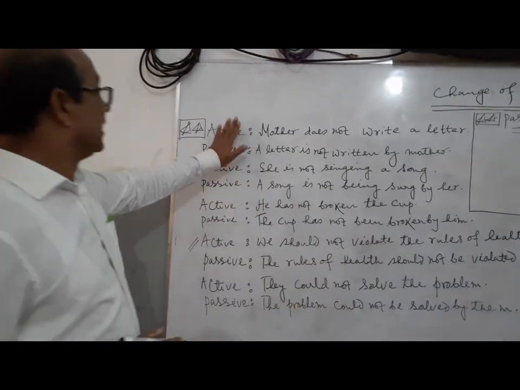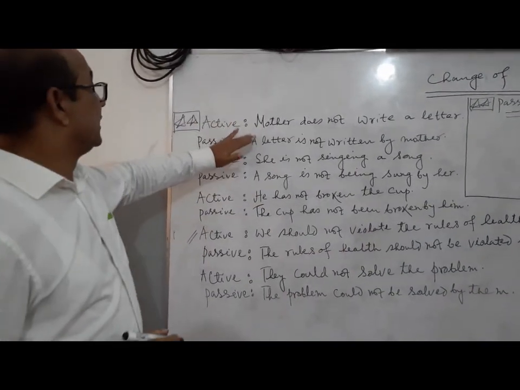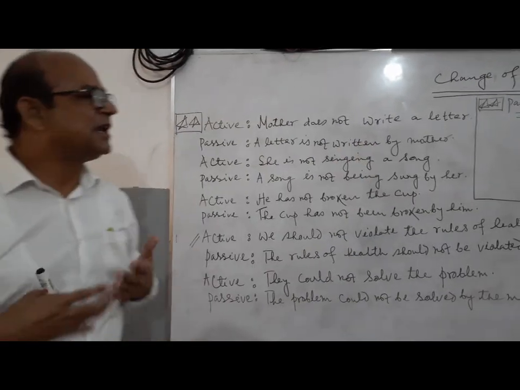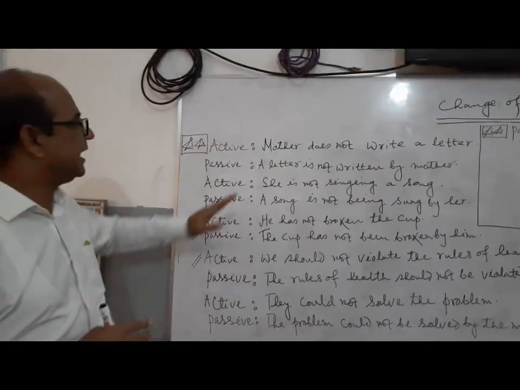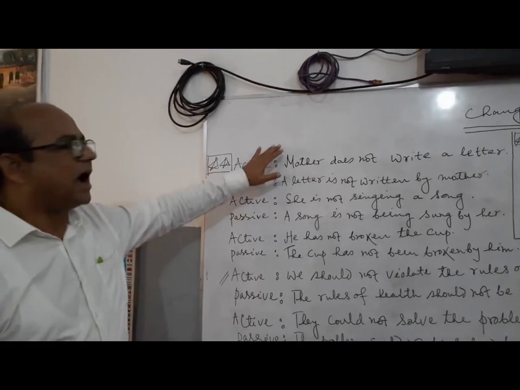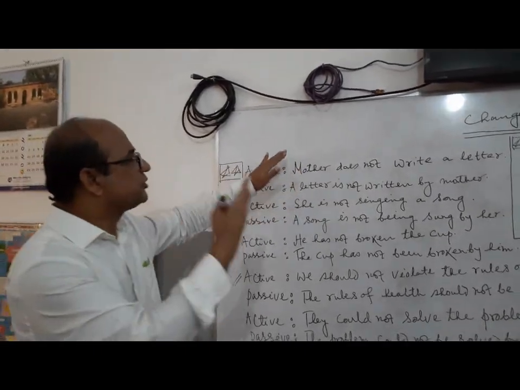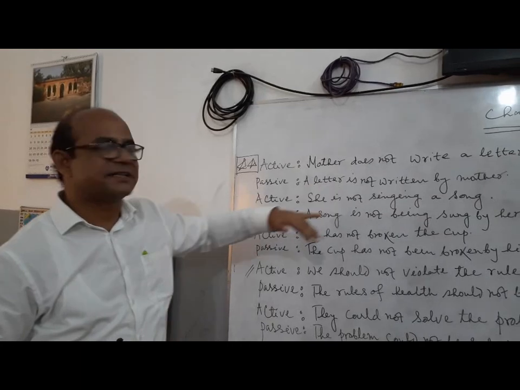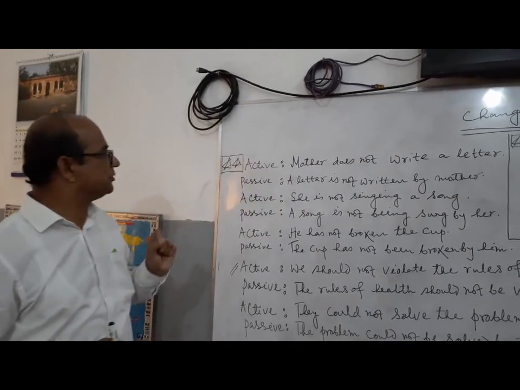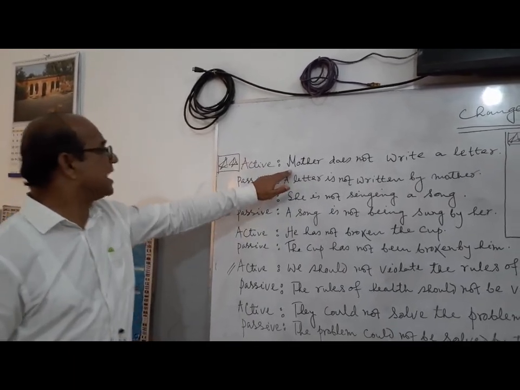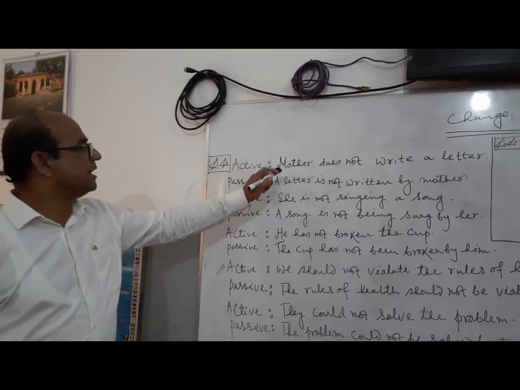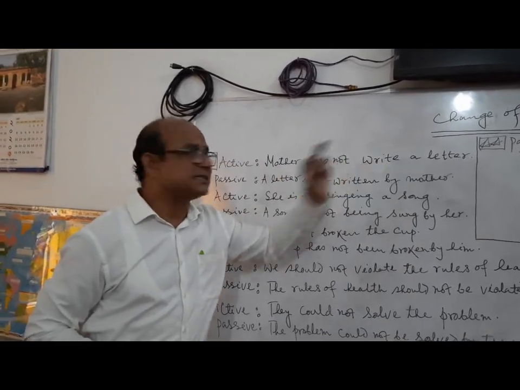Now, I shall explain some sentences which are in negative mode. Yesterday in my early session, I showed you some sentences which were in affirmative mode. So here, first sentence, in active mode: Mother does not write a letter.